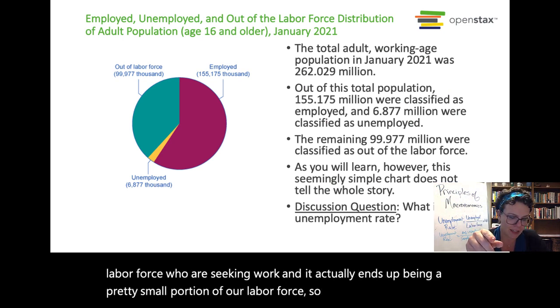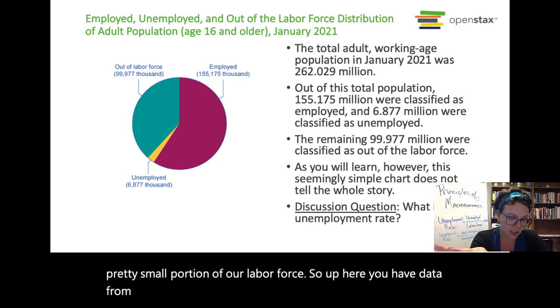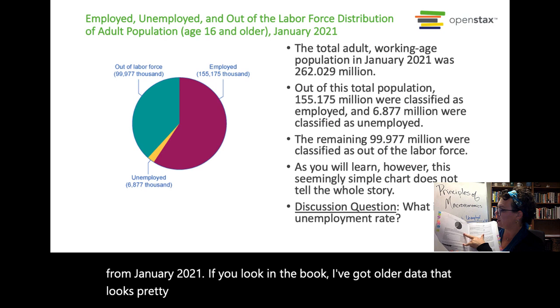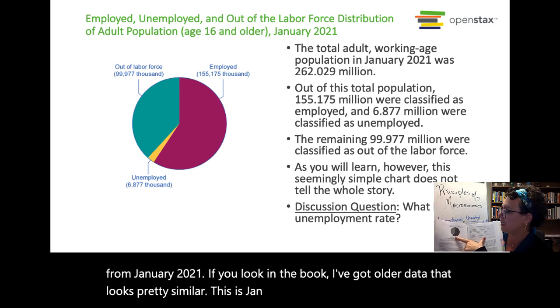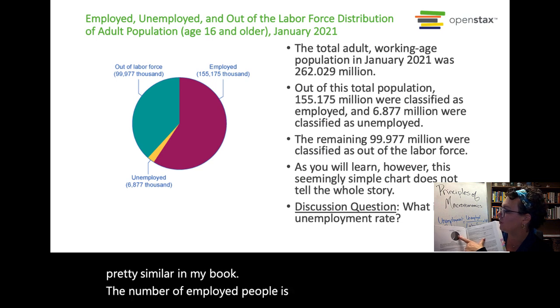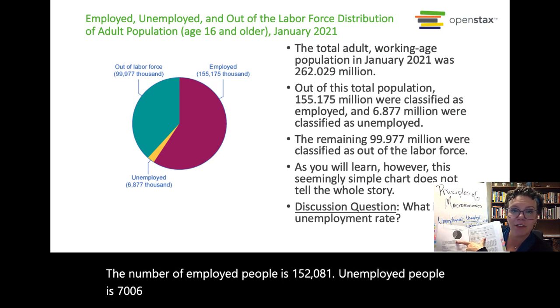So up here you have data from January 2021. If you look in the book, I've got older data that looks pretty similar. This is January 2017, but the numbers are pretty similar. In my book, the number of employed people is 152,081. Unemployed people is 7,635.